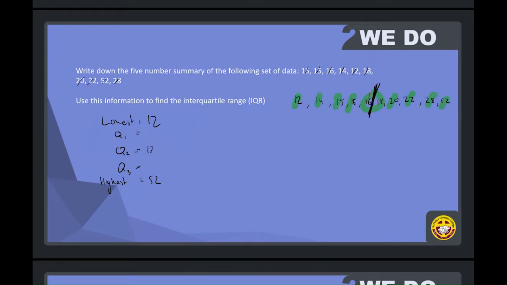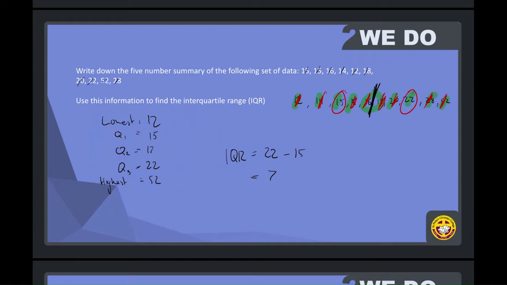Now we end up with a Q1 of 15, and we end up with a Q3 of 22. And then the interquartile range, we take the highest quartile, we minus the lowest quartile. The answer is 7. I think that's pretty straightforward.